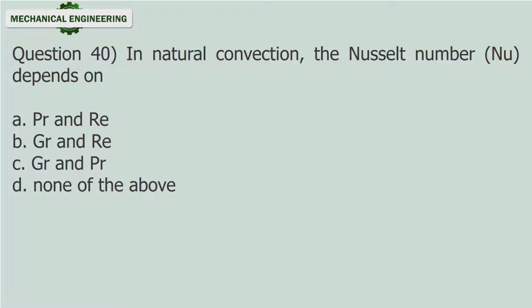Question 40. In natural convection, the Nusselt number Nu depends on A. Pr and Re. B. Gr and Re. C. Gr and Pr. D. None of the above.